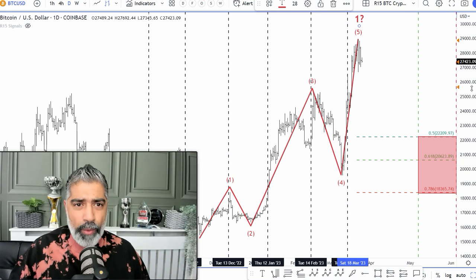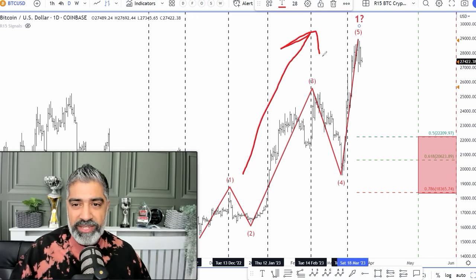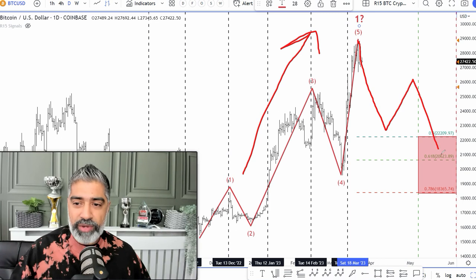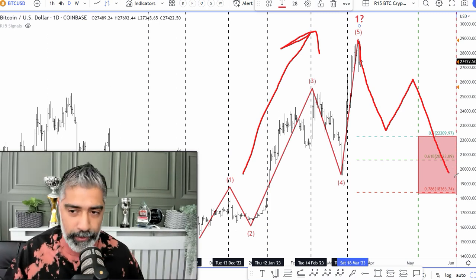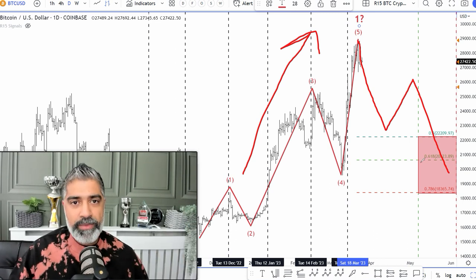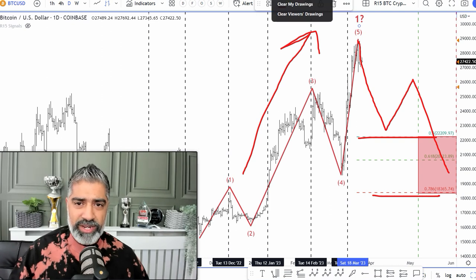What we're anticipating with any 5-wave move to the upside is, and this is what we're anticipating with Bitcoin, we don't know if it will happen or not, some type of 3-wave correction. It's the most typical, common buying and selling behavior. After a 5-wave move, always anticipate a pullback. Let's just do this with Render token. What would that look like?